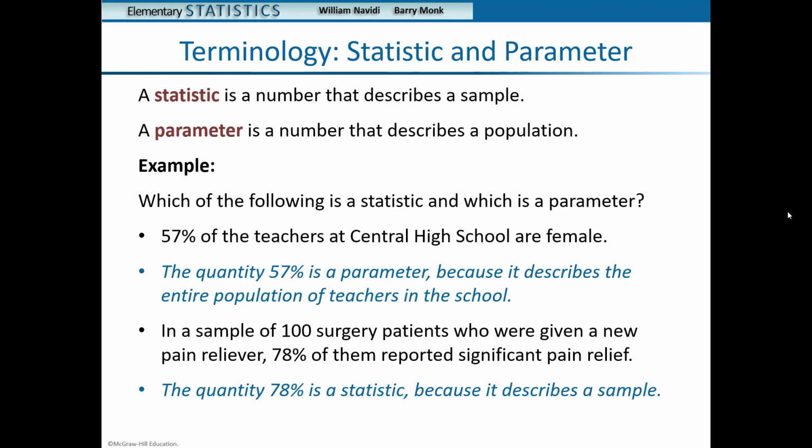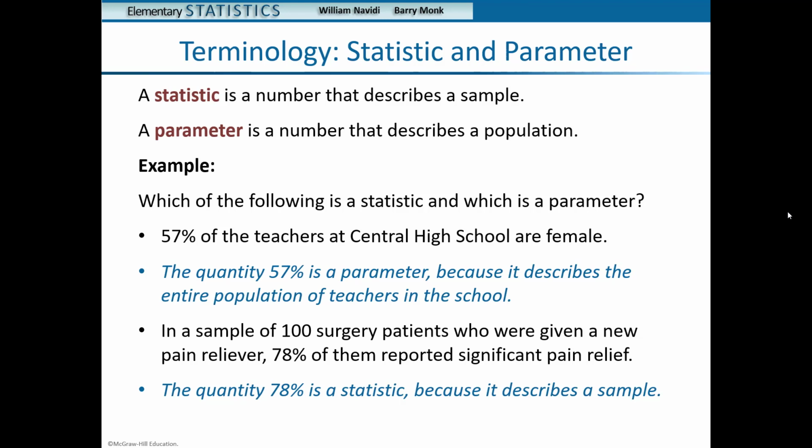We'll be kind of referring back to these concepts throughout the class, but what we'll see is that oftentimes a parameter is a number that is not really possible to know because you have to have access to the entire population to compute a parameter. A statistic is a number that we can know because it's based off of the data from a sample, right?